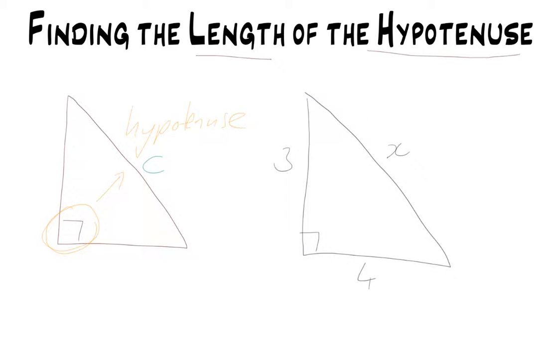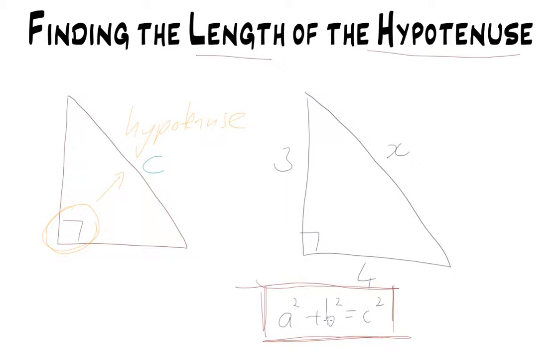To find the length, we're going to go back to our good friend Pythagoras' Theorem, which we talked about last lesson. We said that a squared plus b squared equals c squared, and that was our rule. Always come back to that. Pythagoras' theorem is connecting the 3 sides of a right angle triangle.